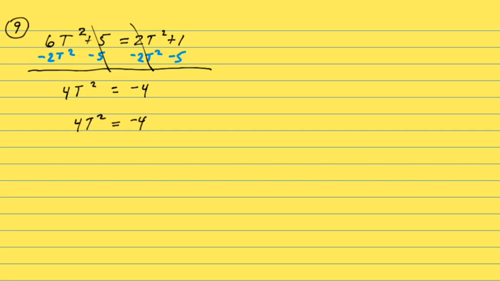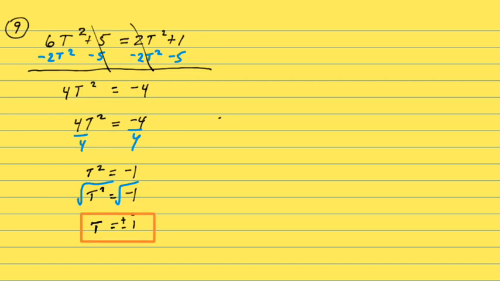The opposite of multiplying by 4 would be to divide by 4, making t squared equals negative 1. To get rid of a square, we will take the square root. And the square root of negative 1 is i. But again, we need a plus or minus because we're dealing with it in an equation.